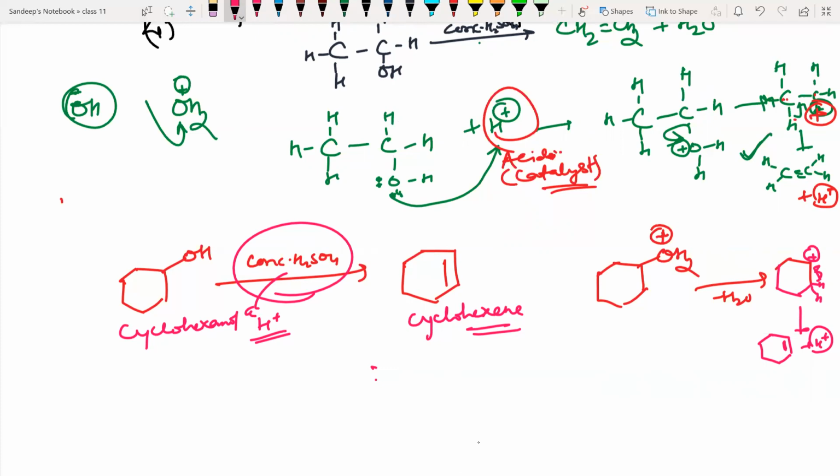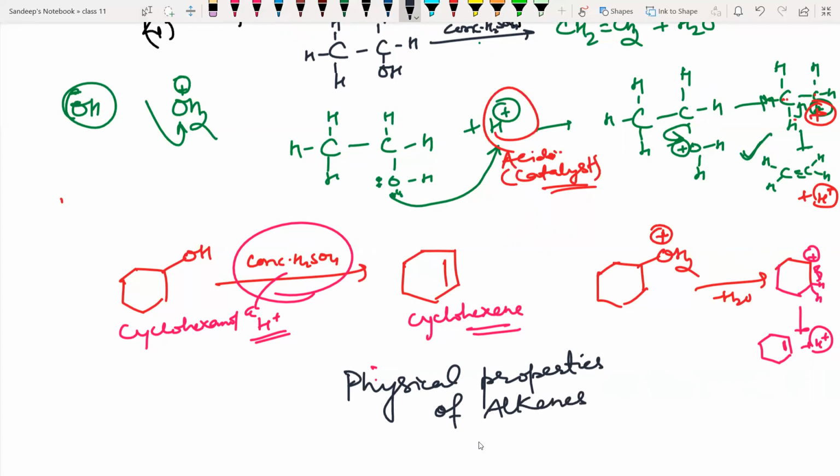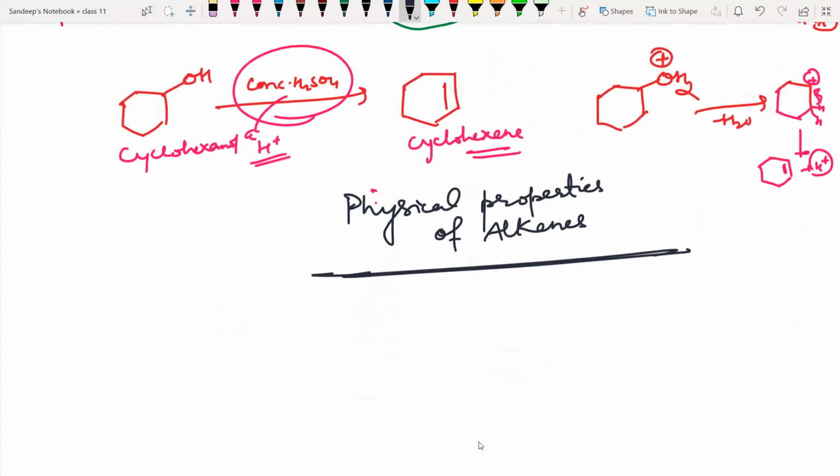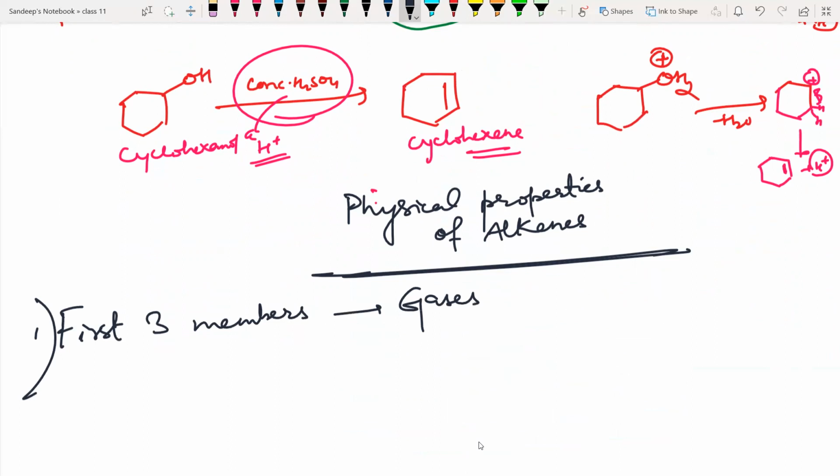Now we are going to discuss physical properties of alkenes. So write down. The first three members are gases. The next 14 members are liquids.